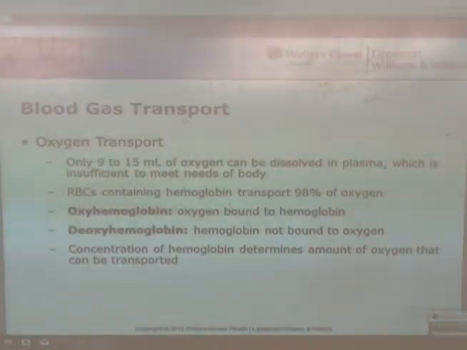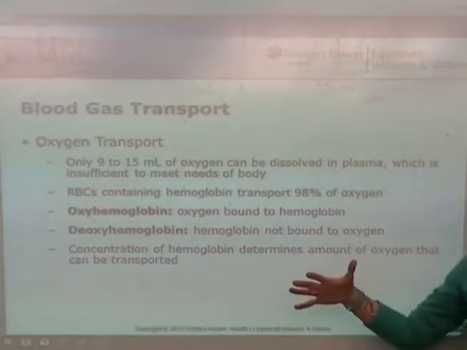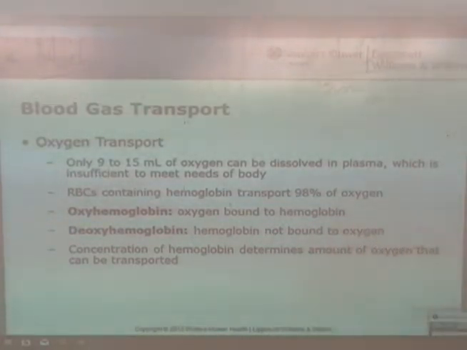Sometimes you hear about people needing a bone marrow transplant. That's typically because their bone marrow is not producing red blood cells correctly. But anemia can also occur if there's a problem with the hemoglobin, for example, if iron's not available, or some combination thereof. And that decreases our ability to carry oxygen around to the muscles that are working.